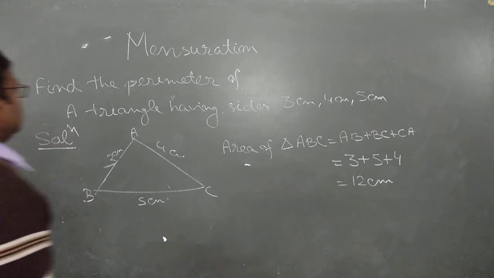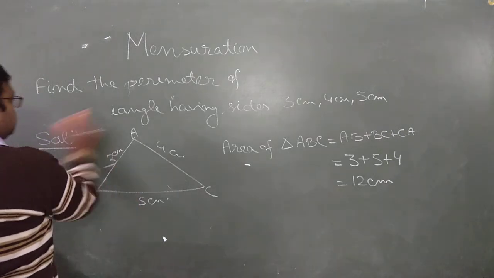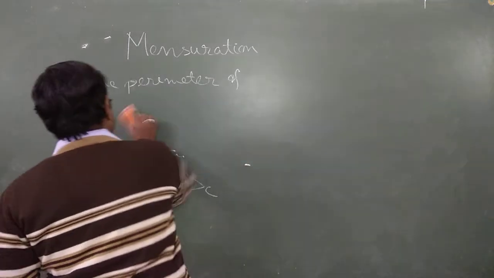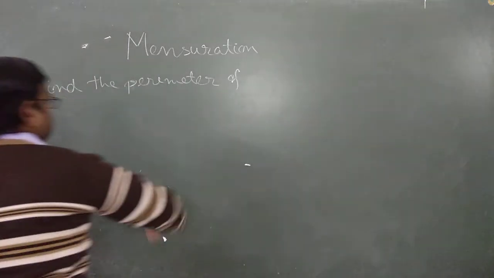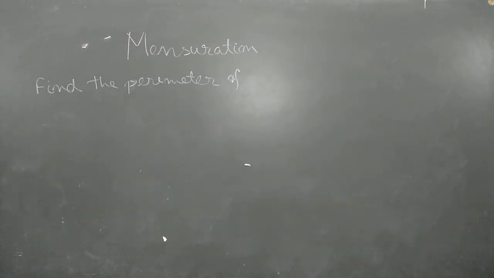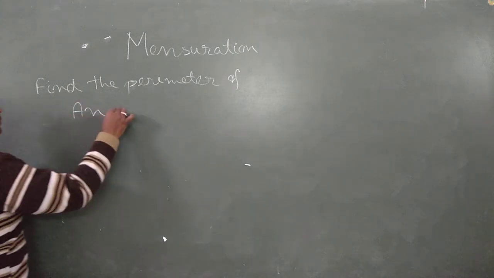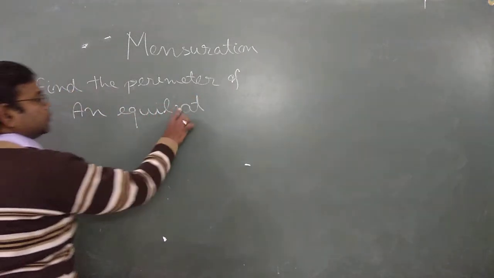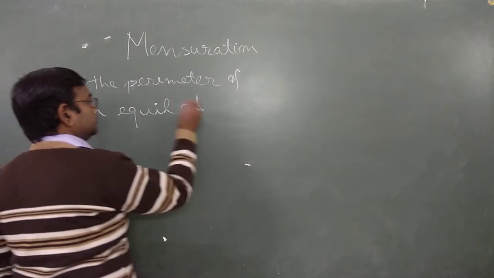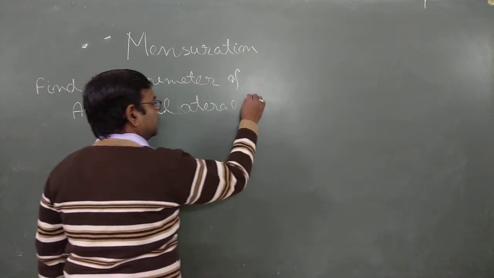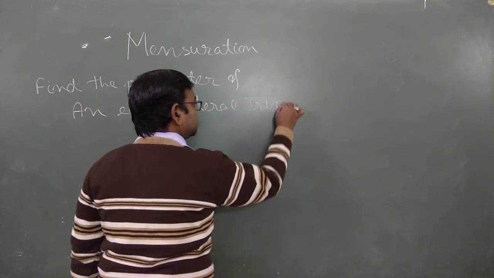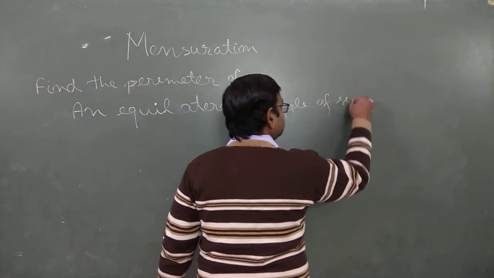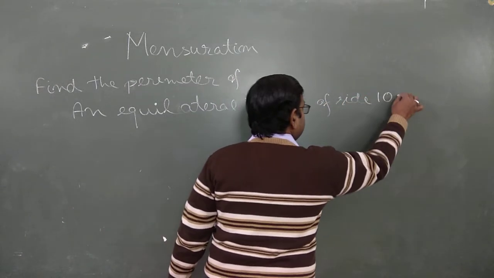If the question says the perimeter of an equilateral triangle having side 10 centimeter.